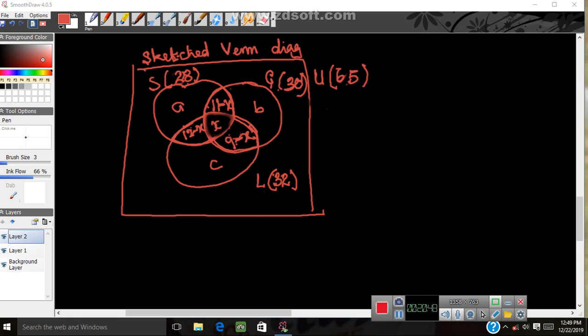Okay, so now we have been able to finish our diagram. Let us go on straight. Unlike the previous diagram, where we used A, B, C, this time around it's not ABC, but S, G, and L. The universal set is still the universal set, and we are going to look for X. The three major sets are S, G, and L. So we just write our X here.